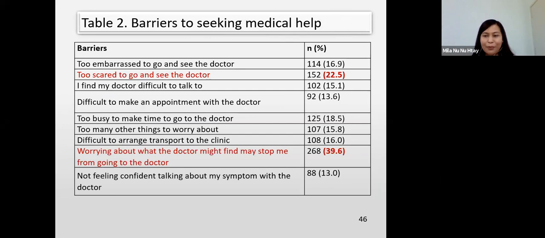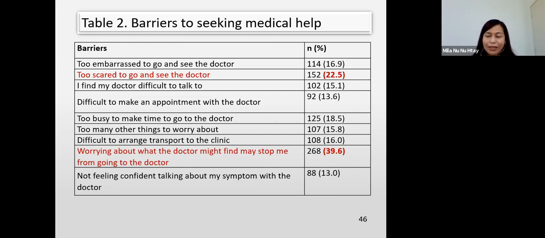Then we look at the barriers preventing them from seeking healthcare. You may see that the highest prevalence is 39.6%, so approximately 40%. 4 out of 10 women are afraid of what the doctor might find out. It means that they are afraid to get the diagnosis.